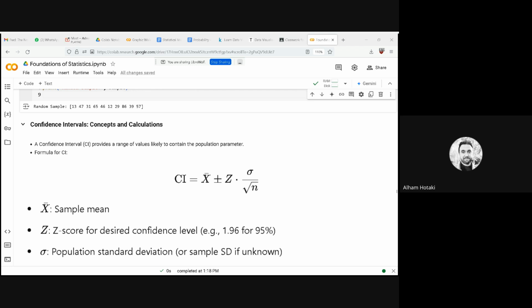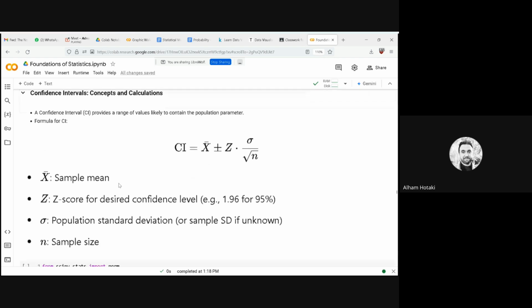Then you have to understand how these population parameters work. This is how you have to understand the confidence interval, and based on that, derive decisions for a population based on that sample.